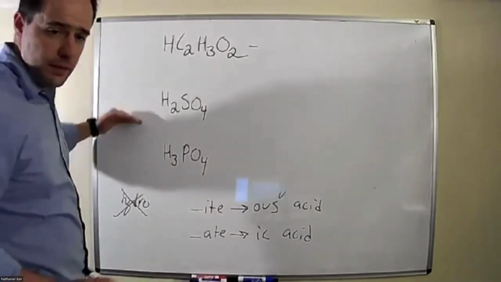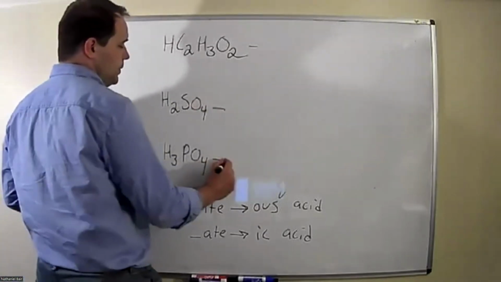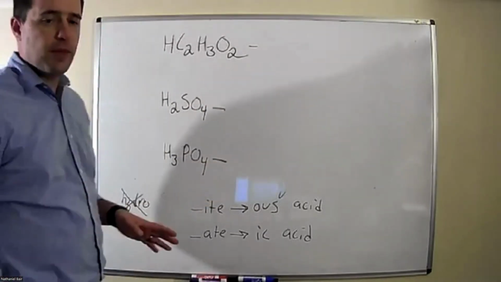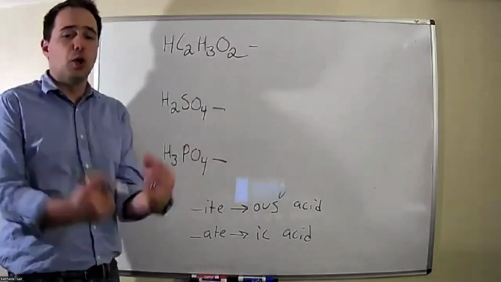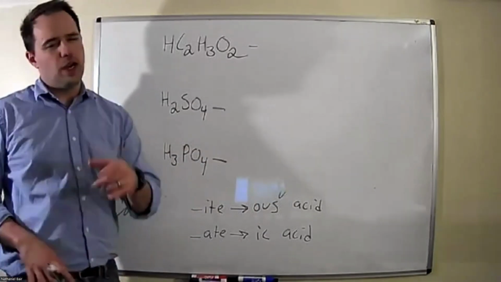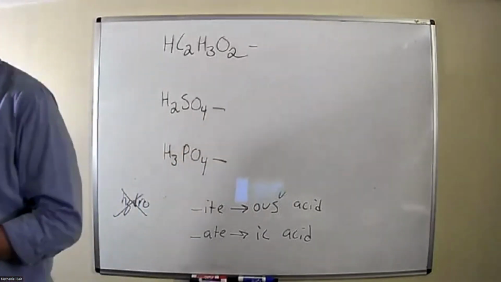I want you to try these. Try to name these using that naming convention. I will tell you this: same thing. With sulfate and phosphate, since it's sulfur and phosphorus, you put the ur and the or back in. Try these out. We'll go over them. You got this.